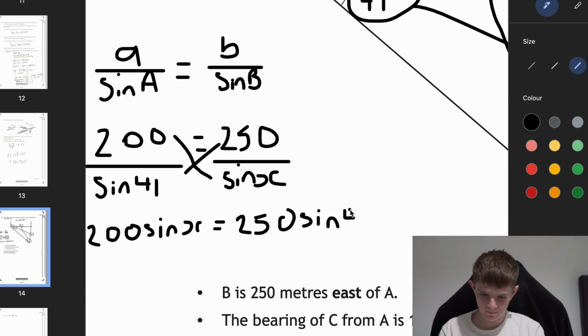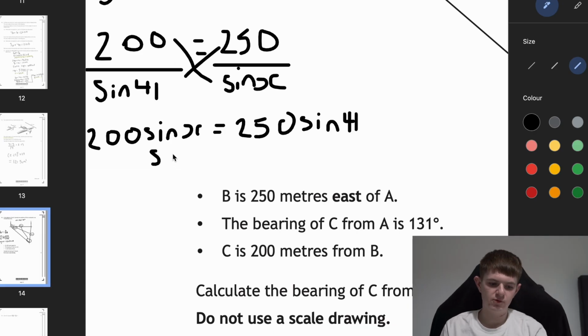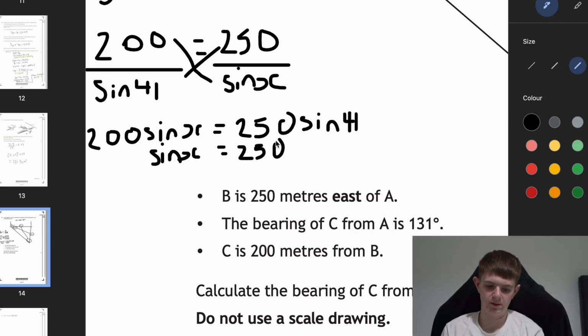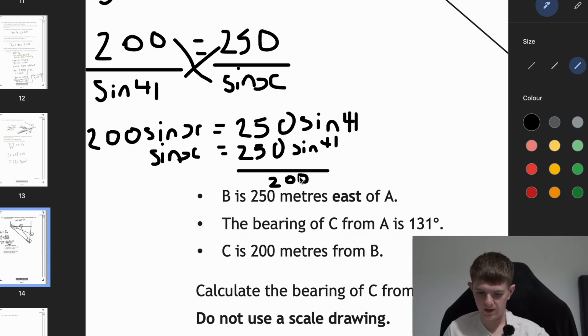So we've got 200 sine x, and that equals 250 sine 41. Then going to get rid of the 200, so we've got sine x equals 250 sine 41, and that's divided by the 200. We're going to stick that in a calculator.